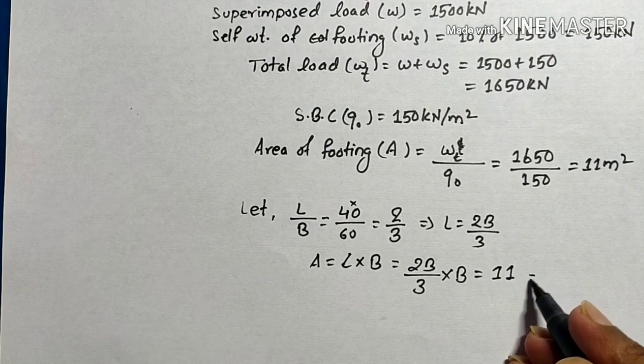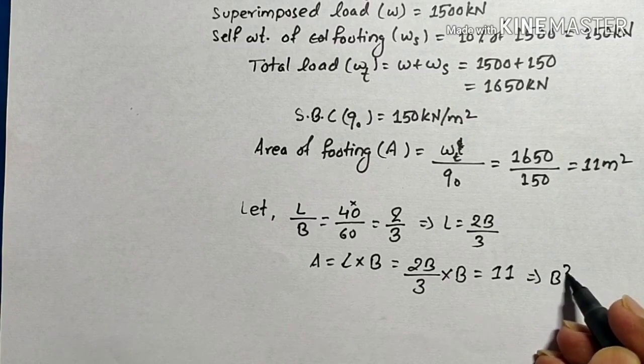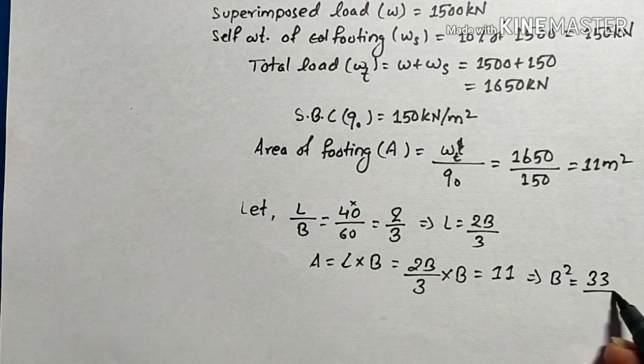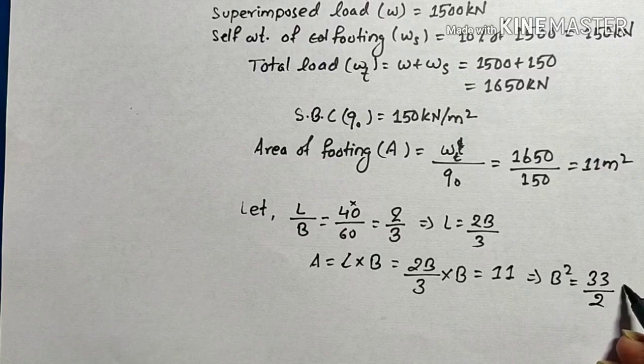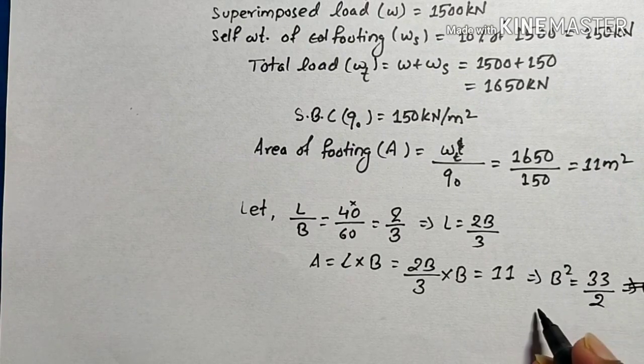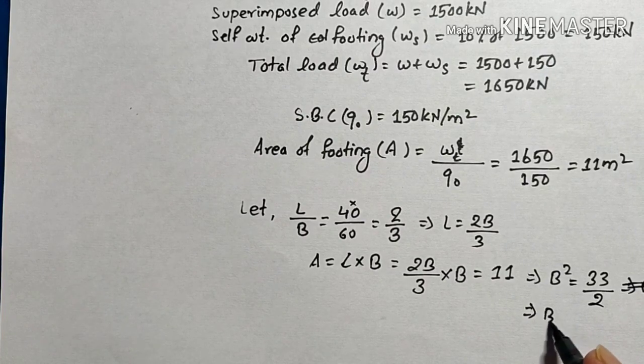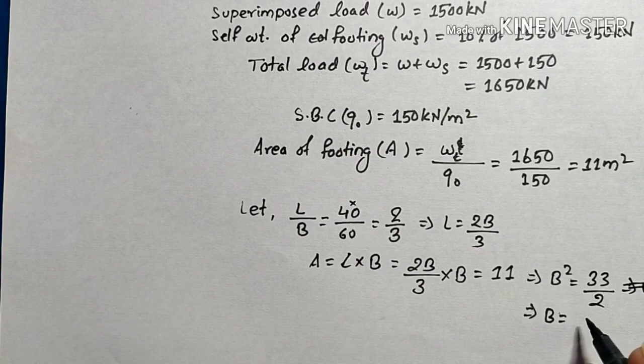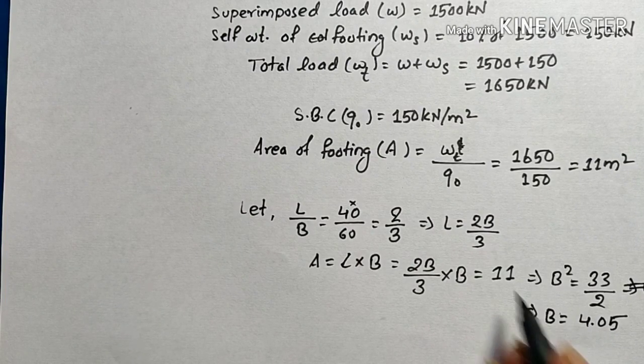On solving this, we will have B square equals to 33 upon 2, and from here we will get B equals to 4.05. Now put the value of B here.